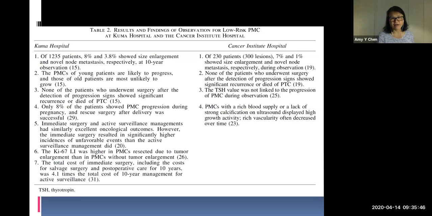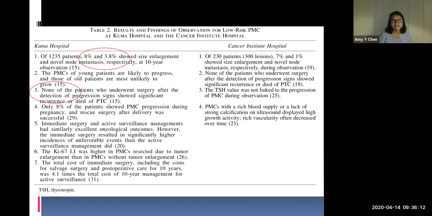So what did they find at Kuma Hospital and the Cancer Institute Hospital? Basically, of the 1,235 patients at Kuma Hospital, 8% showed a size enlargement and 3.8% showed novel node metastasis at 10 years. So for some of these patients, this is a very slow growing cancer.